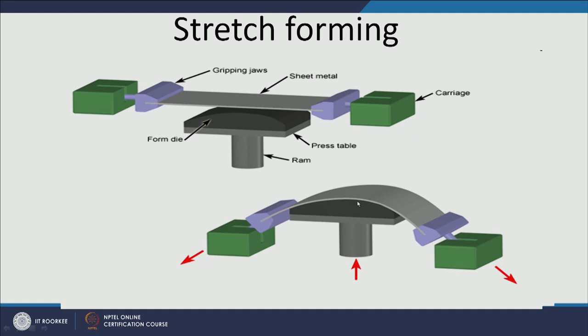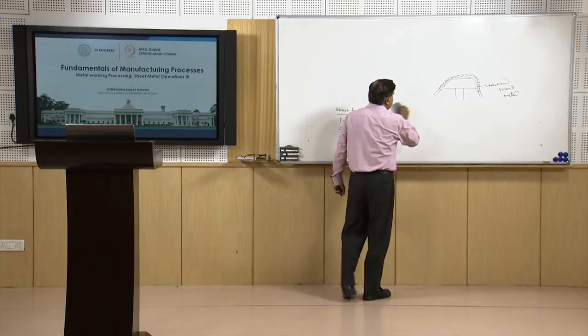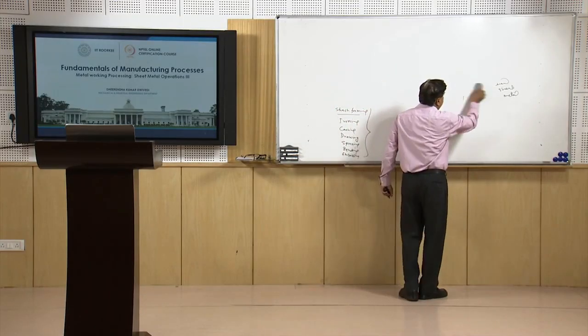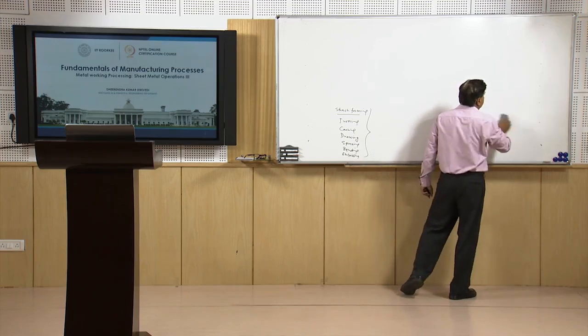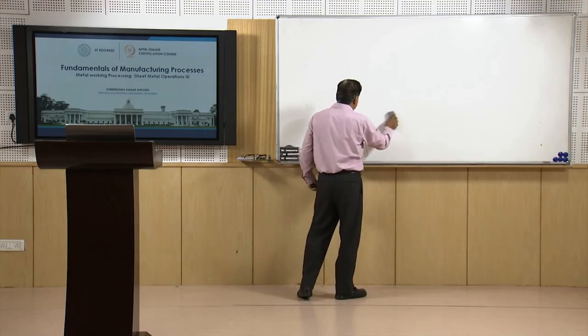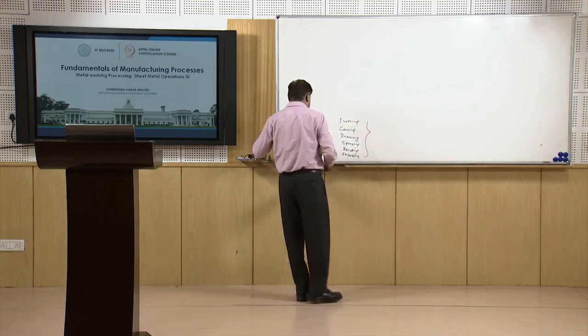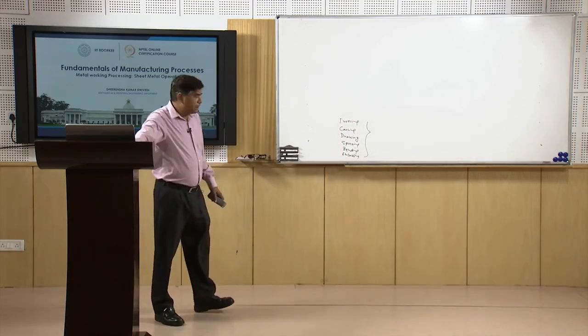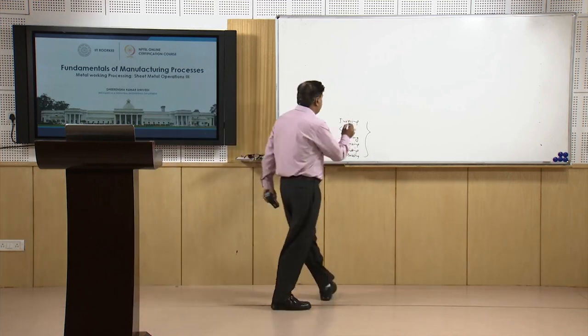So, in this case tensile stresses are used to give the shape to the sheet metal according to the shape of the die or the form block.